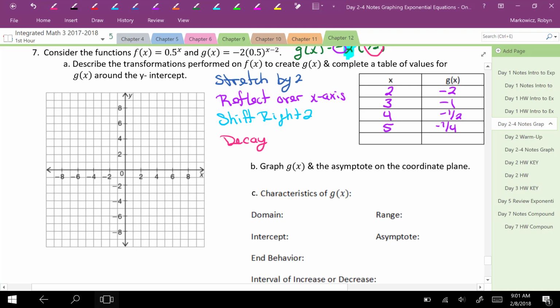All right, let's start plotting some of these. Plot these points and then go ahead and answer the characteristics. 2, negative 2.